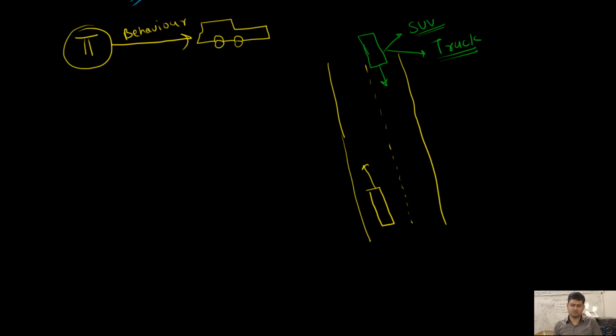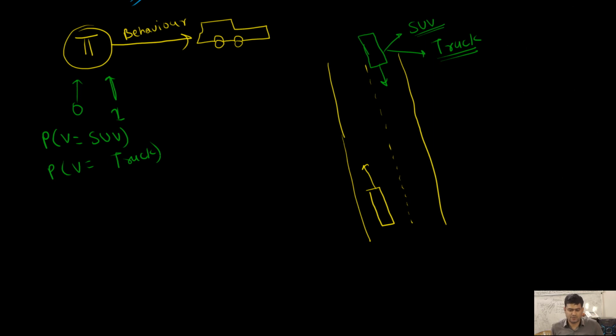And let's suppose, because in India trucks usually don't give you side, whereas SUVs let you pass, perhaps your driving policy needs not just the output 0 or 1. This policy will decide the behavior of this vehicle based on whether it is an SUV or truck. So the policy doesn't just need 0 or 1, but it also wants the probability that this vehicle is an SUV and the probability for the vehicle being a truck.